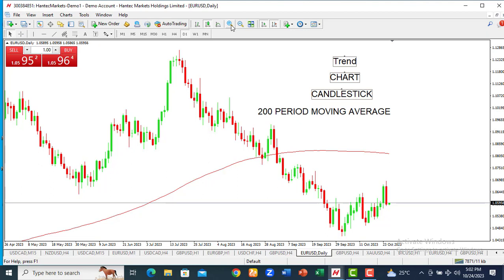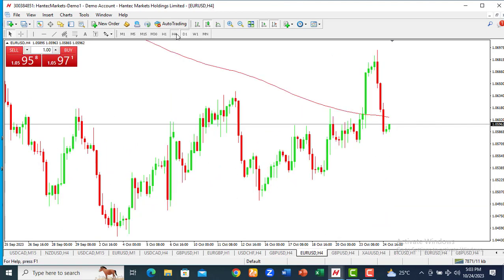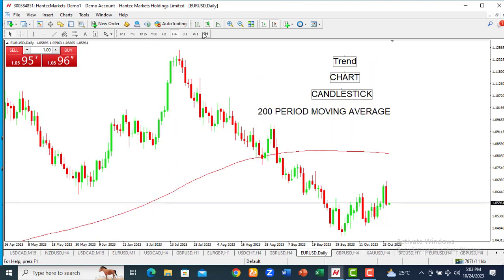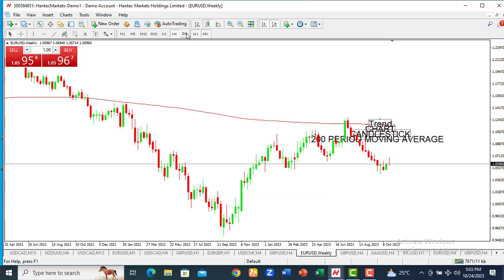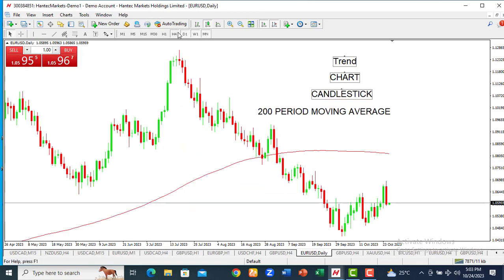Remember, if you're a swing trader, a day trader, a scalper, or any type of trader or position trader, you don't make use of the same time frame for analysis. So if you're a day trader, you only use the D1 time frame and the H4 time frame for analysis, right? You don't make use of the monthly time frame or the W1; you only use the D1 or the H4 time frame for analysis.